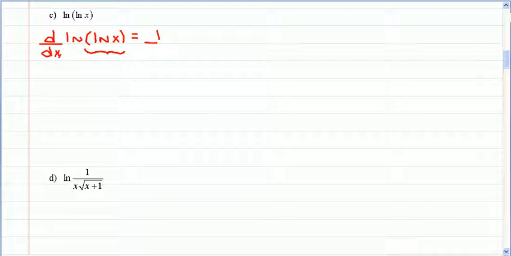So I have 1 over the natural log of x, but then I take the derivative of the denominator, which is 1 over x. So I multiply this, and I have 1 over x times the ln of x.